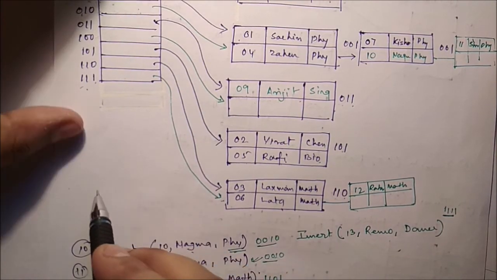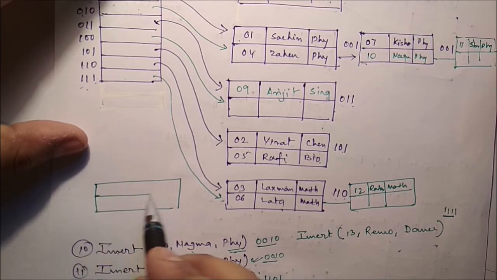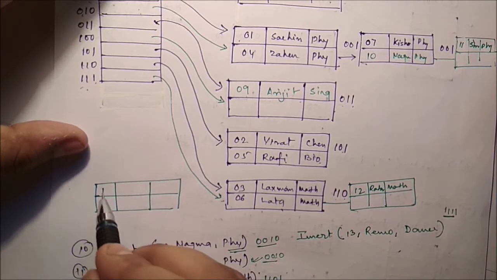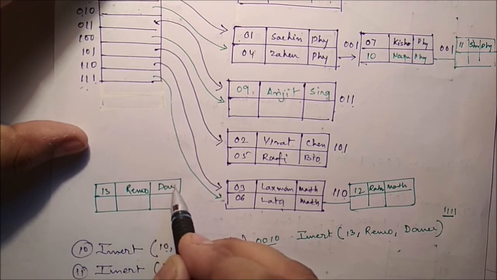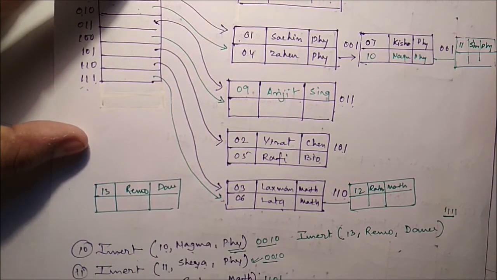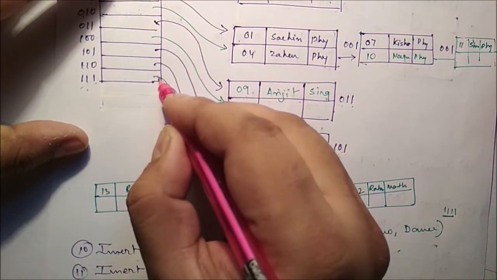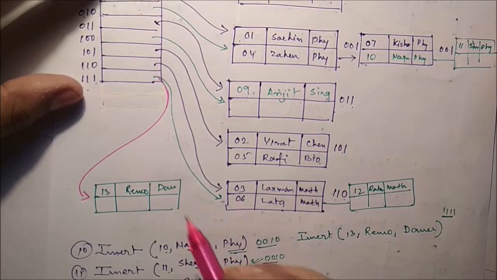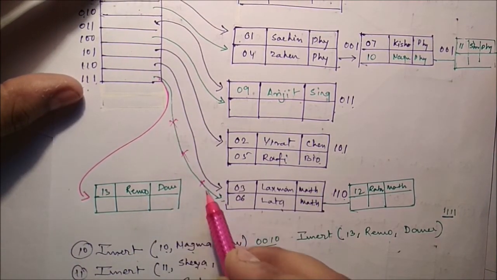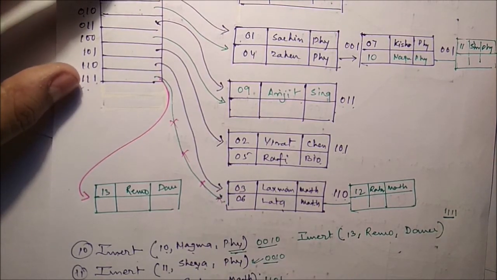Here we insert roll number 13, name Remo, and subject dance. Here you have to link this one instead of the old link, and we have to remove this particular link. Are you getting this one?